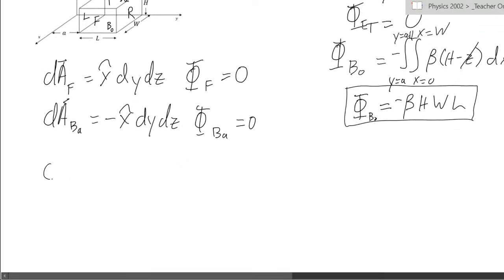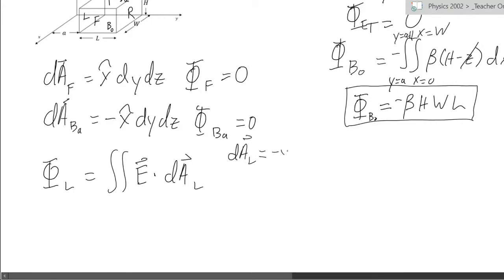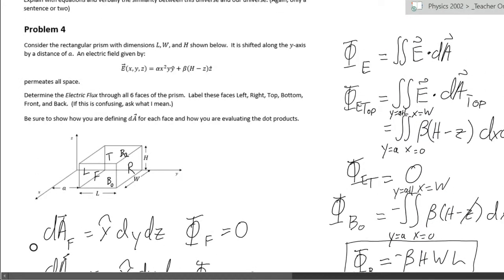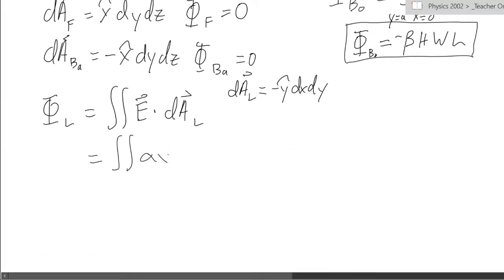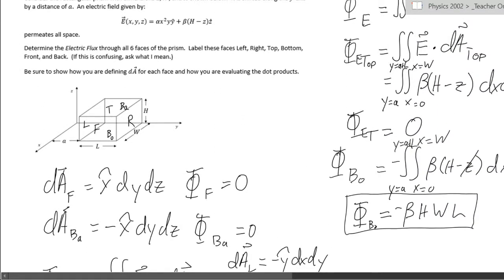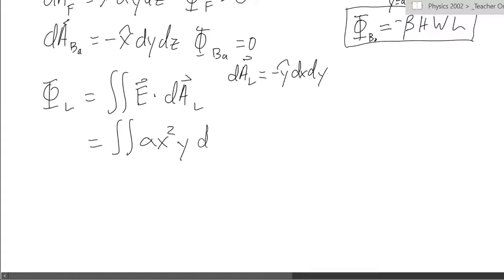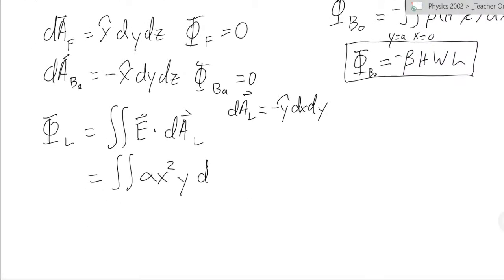This is going to be the flux for the left. So phi sub L is going to be equal to the integral of E vector dot dA left, where dA left is going to be minus y hat times dx dz. This is the double integral of this function in y, alpha x squared y, dx dz, sorry, this should be a dx dz.